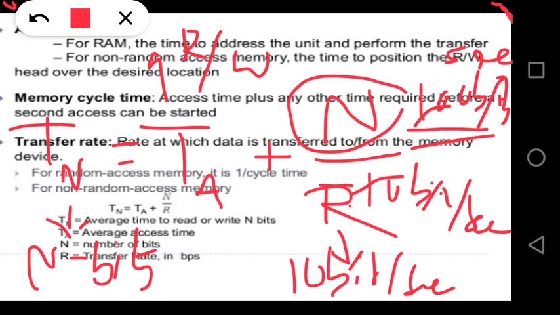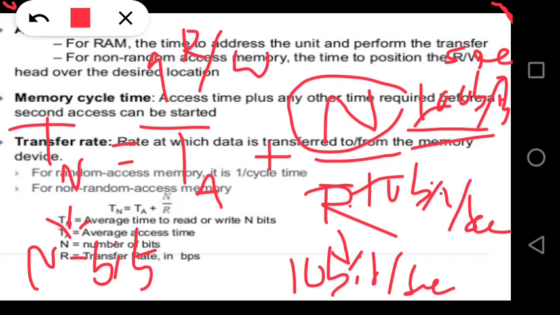10 seconds, plus average access time, maybe for a read operation or write operation. The access time is the time at which the desired read-write head is placed at the desired location, plus the amount of time required to perform the read or write operation.